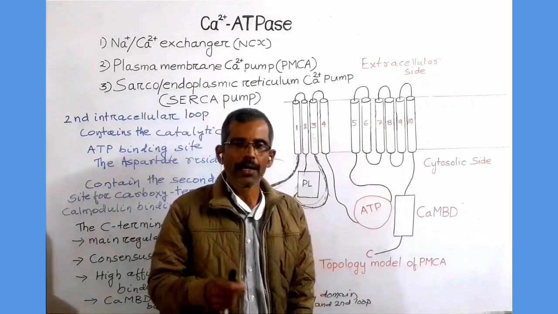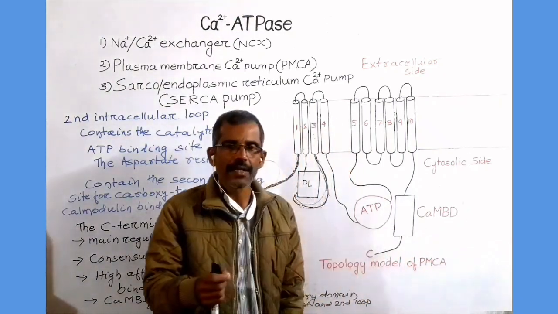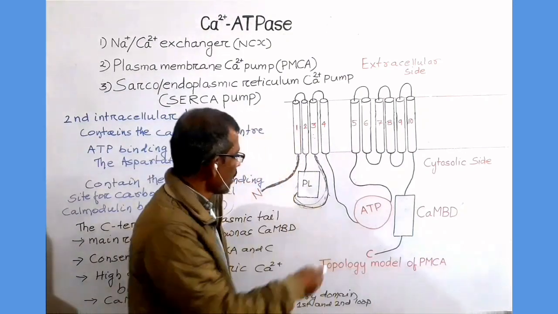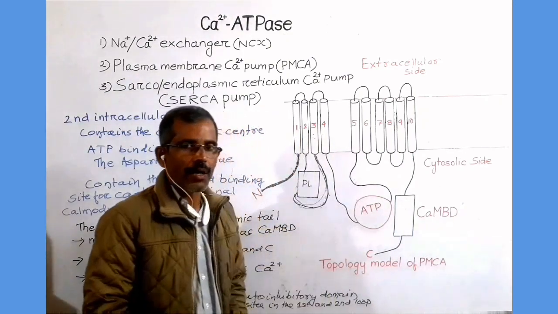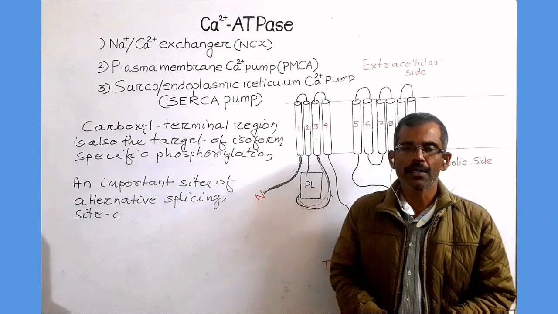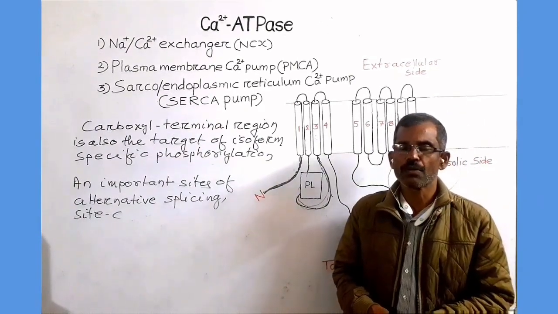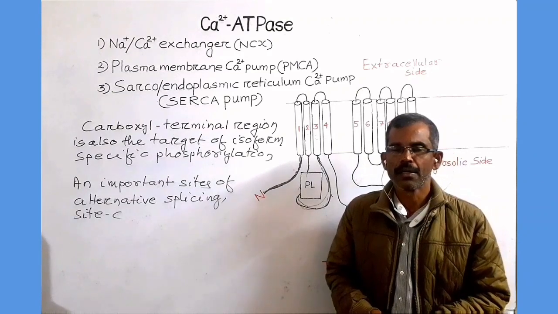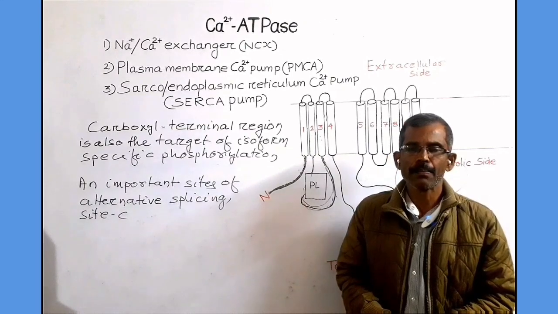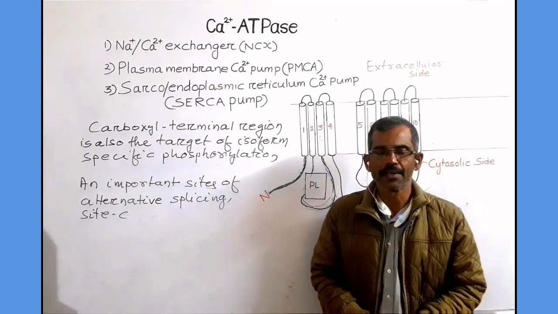The calmodulin binding domain, which is represented by a rectangle, acts as an autoinhibitory domain binding to specific sites in the first and second intracellular loop. The carboxyl terminal region is also the target for isoform specific phosphorylation by protein kinase A and C. It also contains an important site for alternative splicing known as site C.